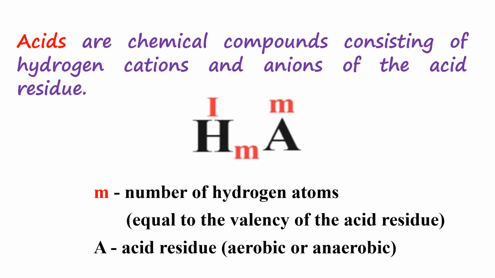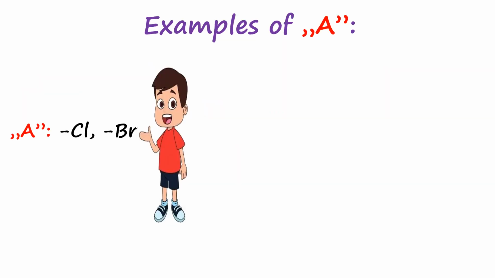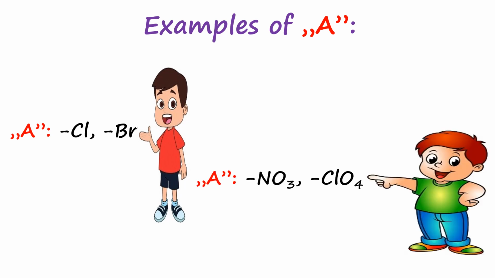What will the acid formula look like in the end? It all depends on A, so on the acid residue. The acid residue may either be a single atom, for example, chlorine, bromine or sulfur, or a group of atoms containing an atom of oxygen. A is important because A dictates the number of hydrogen atoms in the acid molecules.